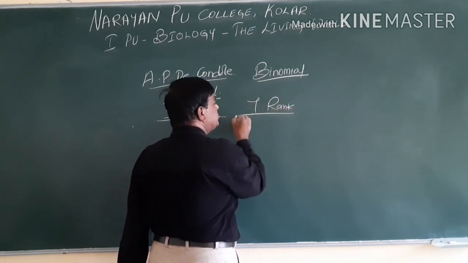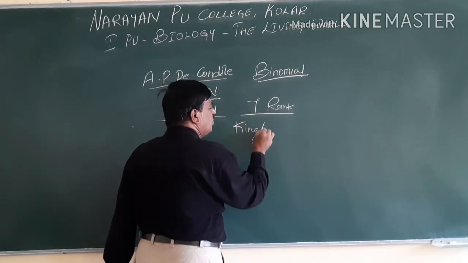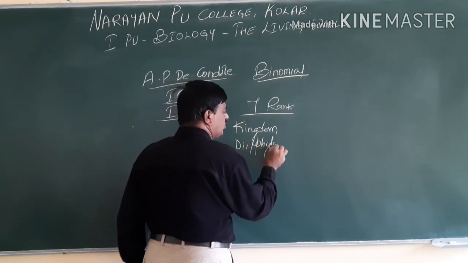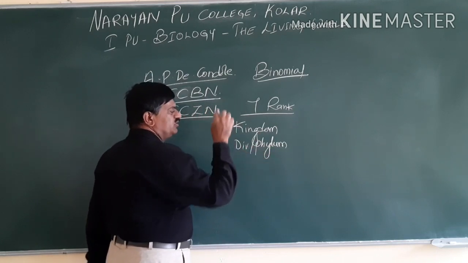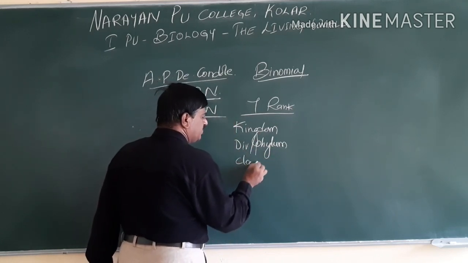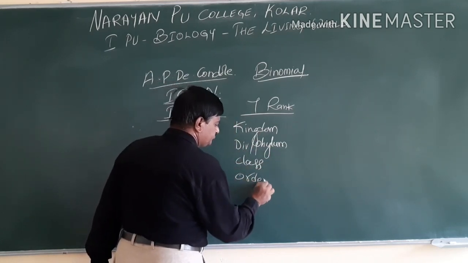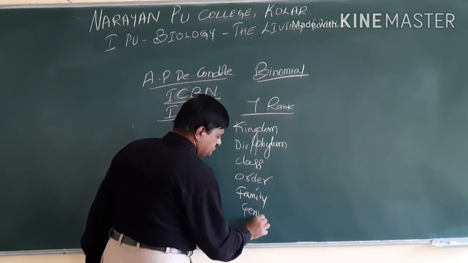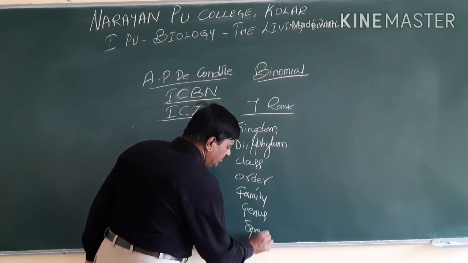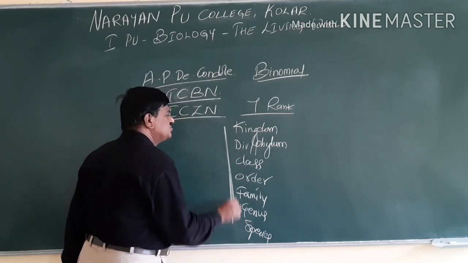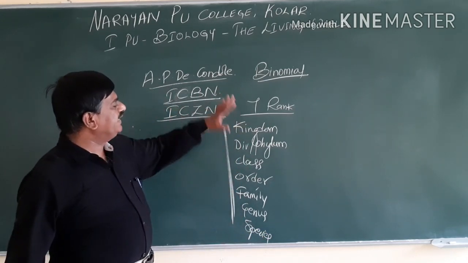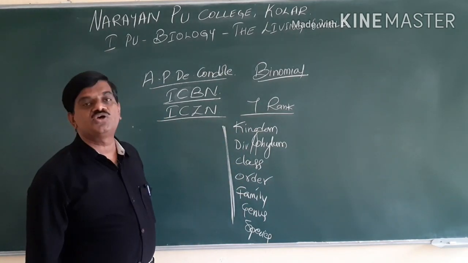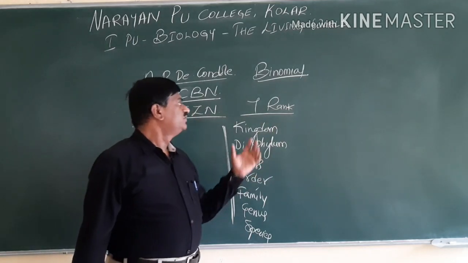The first rank is kingdom, followed by division in plants, or phylum in animals, and then class, order, family, genus, and species. All these are the 7 taxonomical categories, and this was given by Carolus Linnaeus, hence it is also called the Linnaean hierarchy.